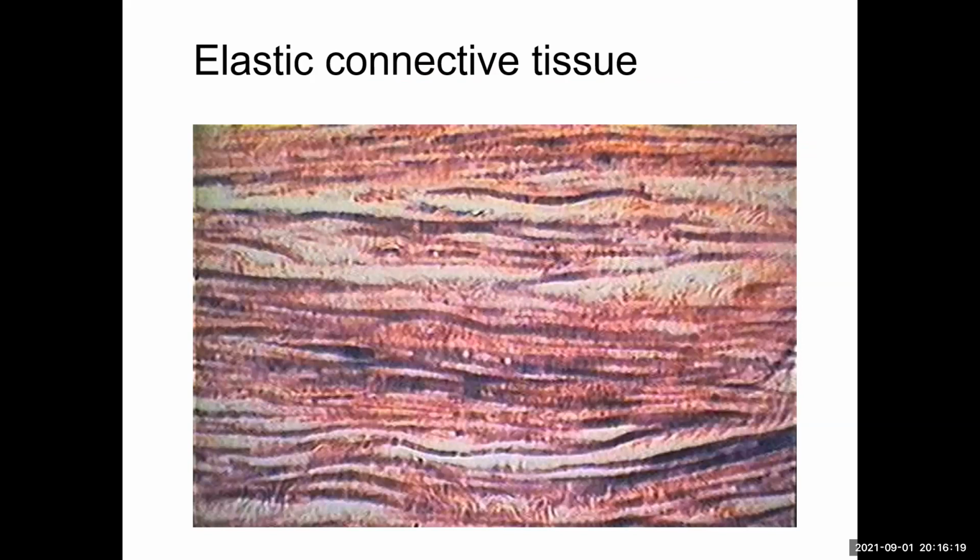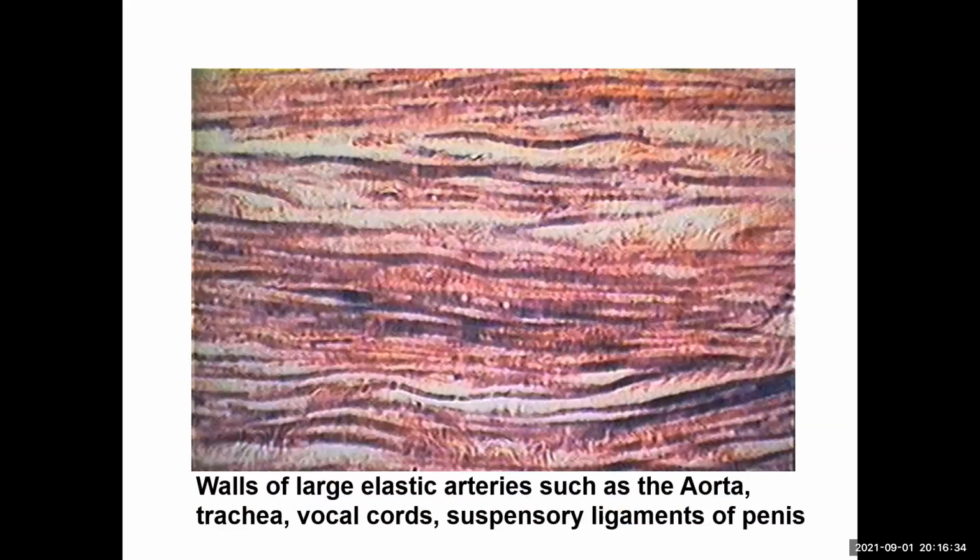Right? The elastic connective tissue is mainly made up of elastic fibers that are also densely packed. So here's an example of an elastic fiber. Anything that's pretty much black on that screen is going to be an elastic fiber. And so we'll see this type of tissue in structures that need to stretch and recoil. So the walls of some of our larger arteries, we call those elastic arteries there, right?